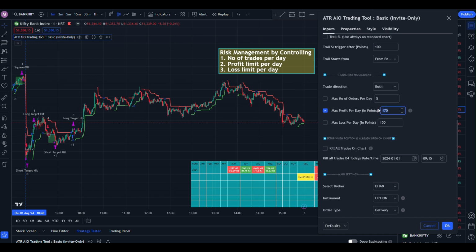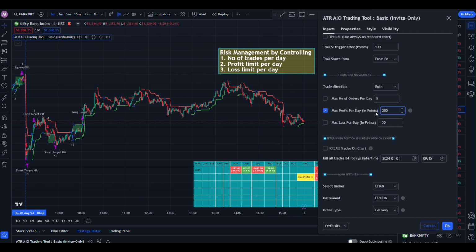Okay, so let's see what happens if I increase it up to 300 points, whether it is able to capture 300 points. Let's see. There is no 300 points achieved today. Let's say 200 points. Yeah, somewhere here 200 points is achieved.